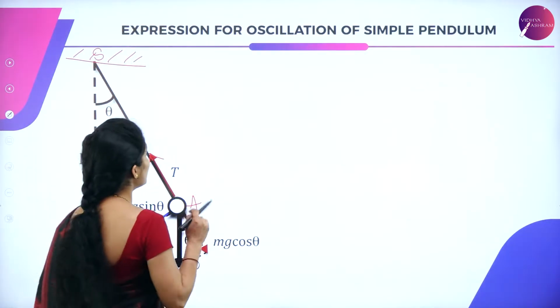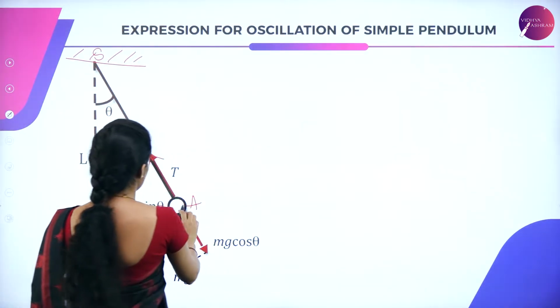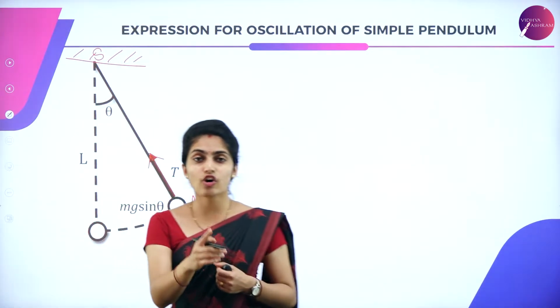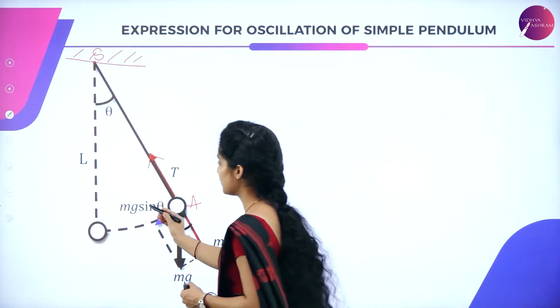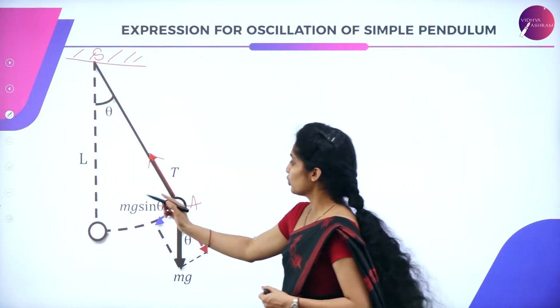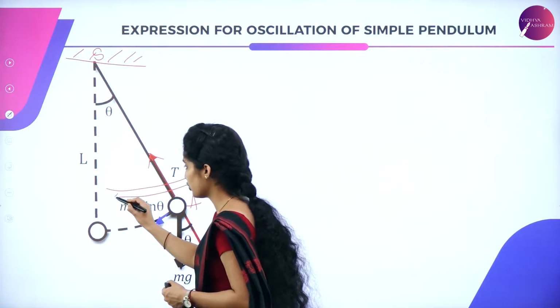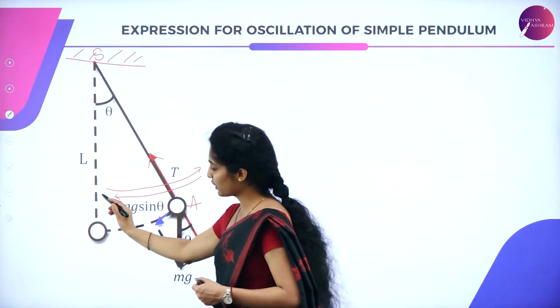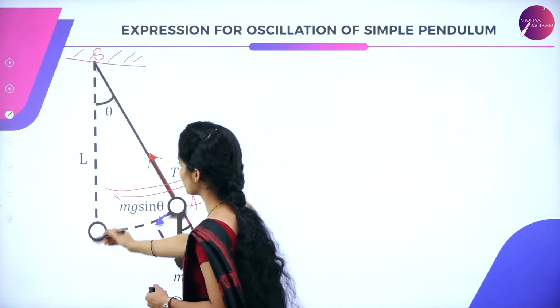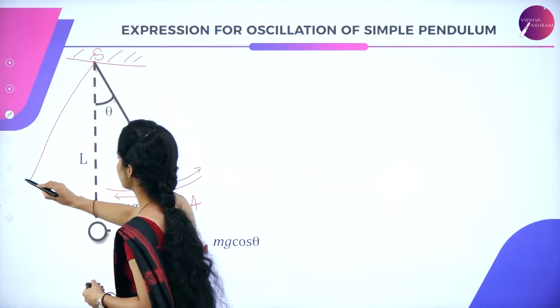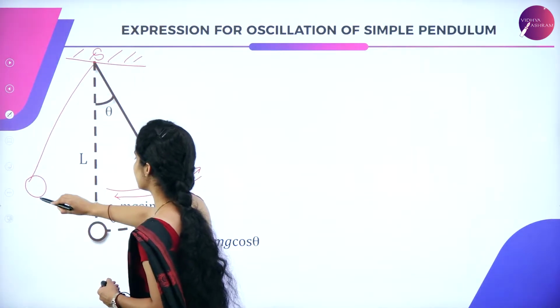First of all, you will have to consider the component which is horizontal. The horizontal component is nothing but mg sine theta. So this will be the action, but this will be the reaction of it. So this is a restoring force. It is getting restored back to its original position, and again if this undergoes action, it will be like this.